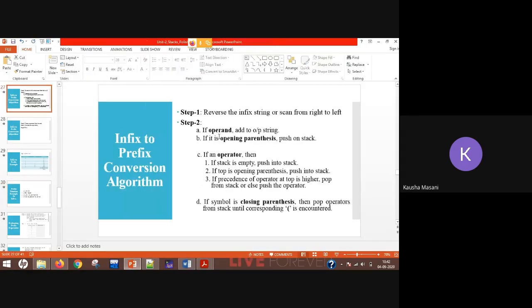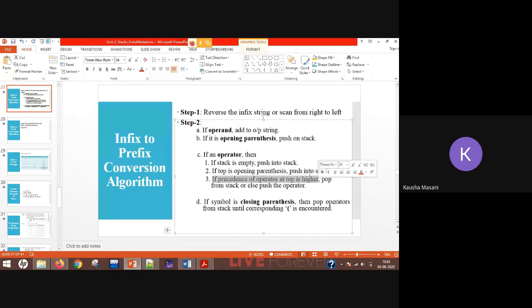So if the precedence of the operator at the top is higher, which is at the top of the stack? Your plus. Scanned one is divide. Okay. So plus, you have to see, is the precedence of plus higher than divide?